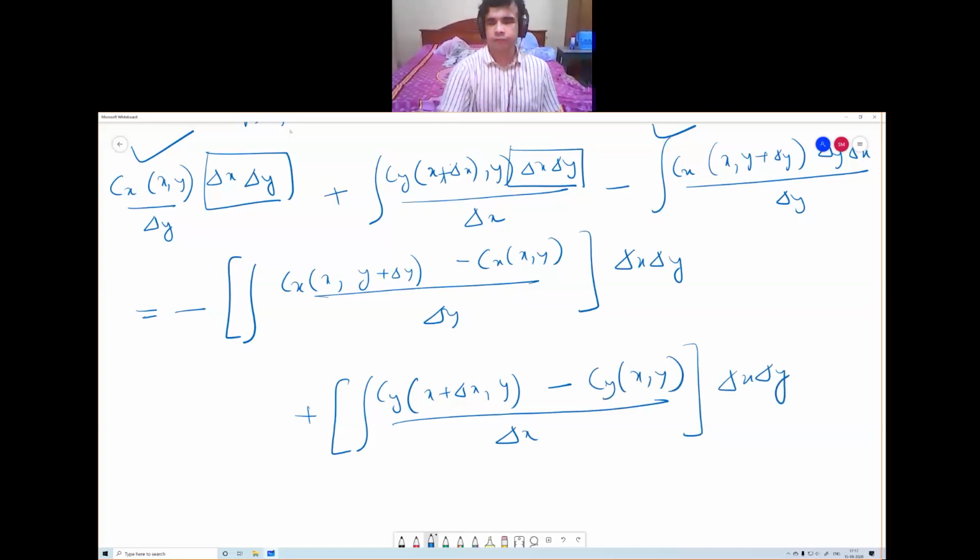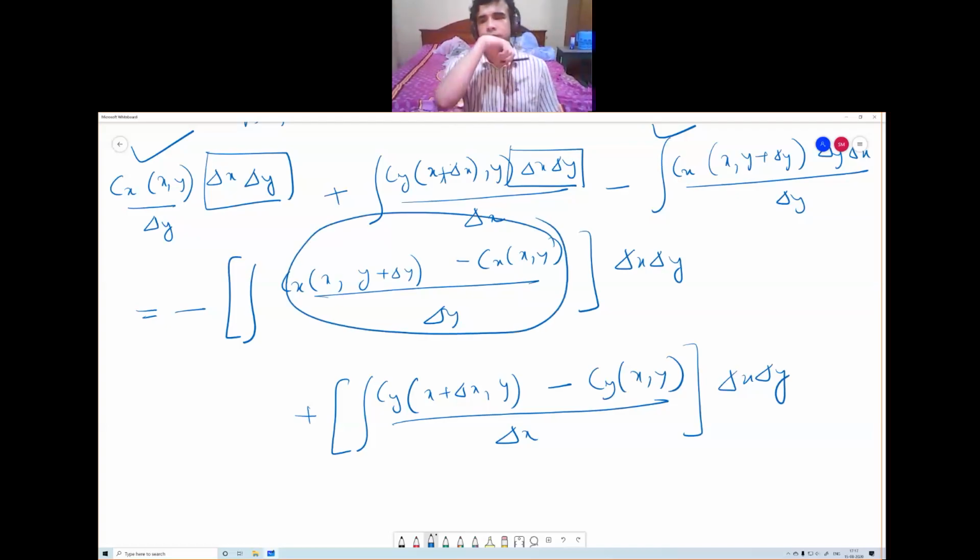Yes, the limits are there. X is from x to x plus delta x, y is from y to y plus delta y. The limits are delta x tends to 0, delta y tends to 0.